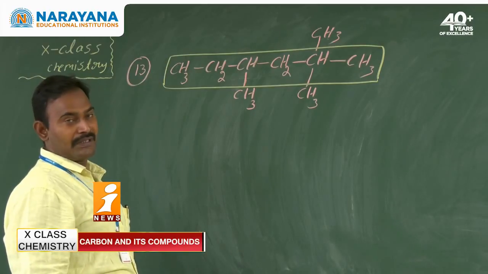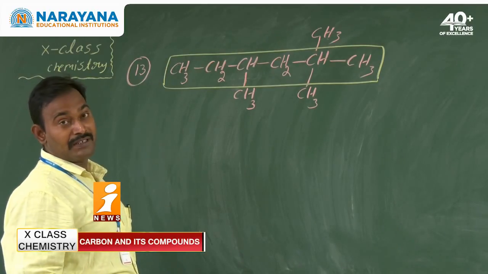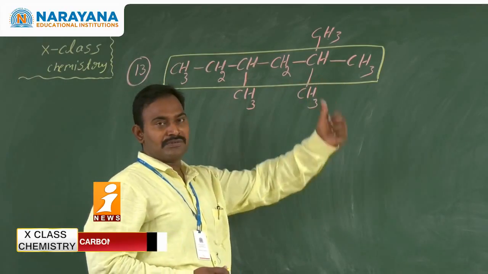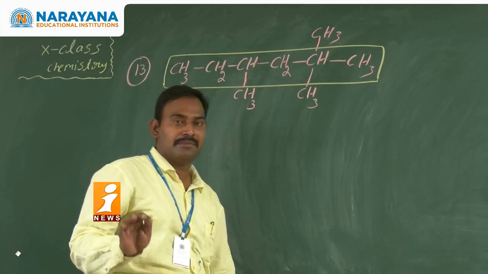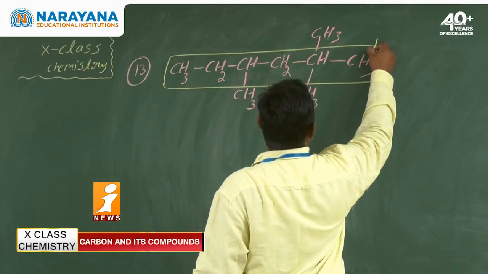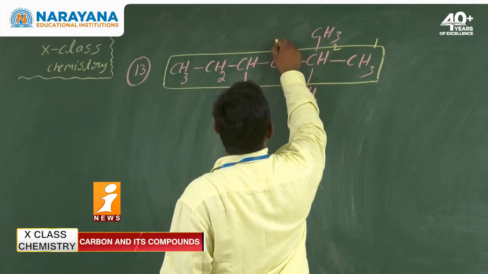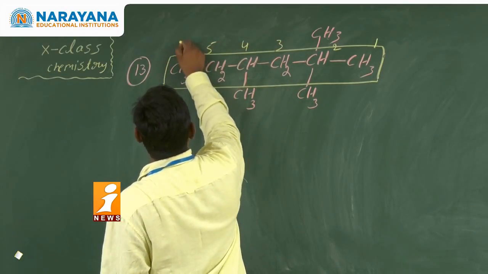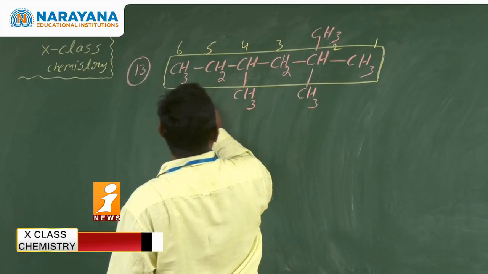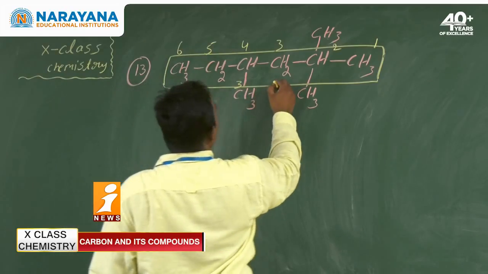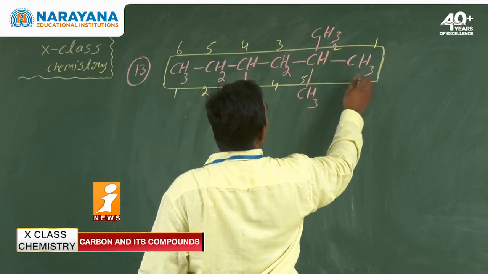Then while giving the numbering, the substituents should get the least number. Here 3 substituents are present, but all are the same kind. Then see here, there are 2 ways to give the numbering: 1, 2, 3, 4, 5, 6, and another one, 1, 2, 3, 4, 5, 6.